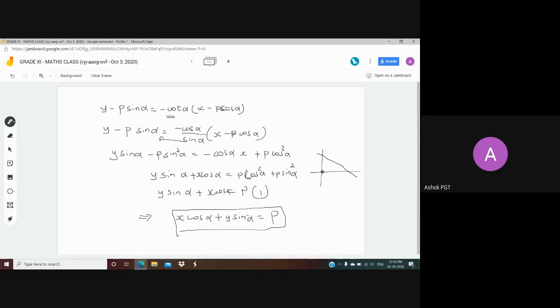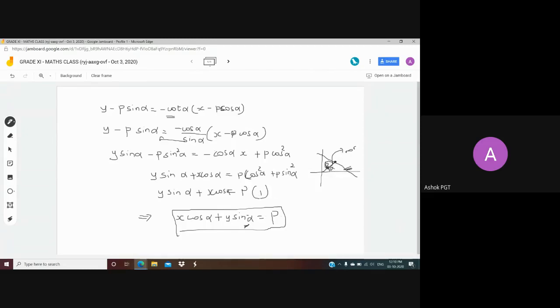They have given the length of the normal line segment which lies between the origin and the point of intersection. This value is given in the problem, and they have given the angle made by this normal with positive direction of x-axis. So based on these parameters alpha and p, we can write the equation of the straight line.